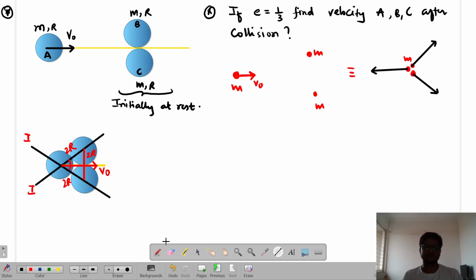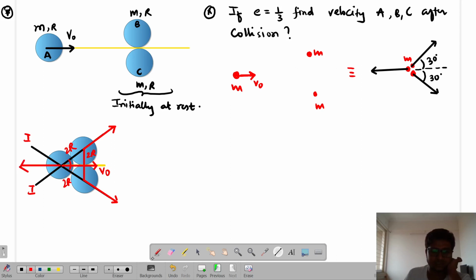You can even take the forward direction, but you will not get anything. So this is going to be 30 degree, this is going to be how much? 30 degree. Let's suppose this is the velocity of ball B, and this is the velocity of ball C. So this ball moves in which direction?